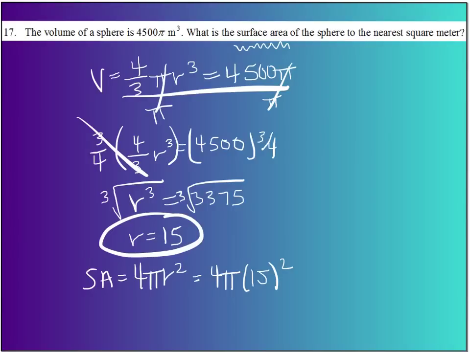And it does ask to the nearest square meter. So we're going to hit our double arrow button. And that gives us 2,827 when we round down because it's 0.4. And our units are going to be meters squared. That's the surface area of that sphere.